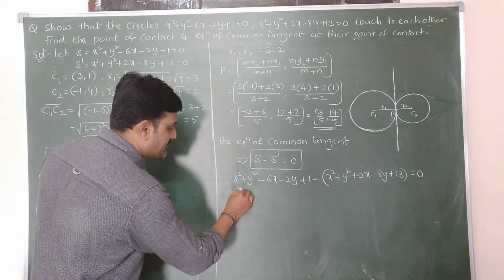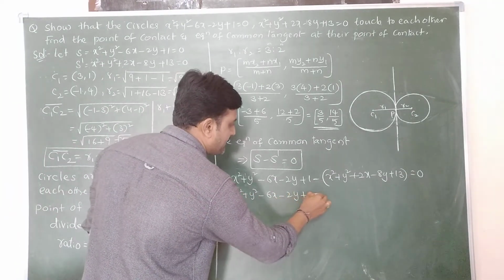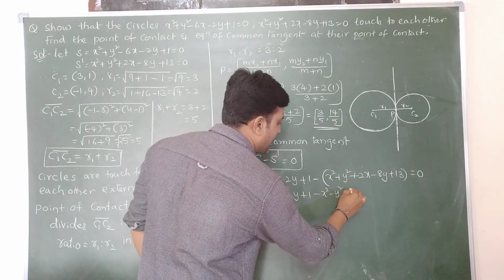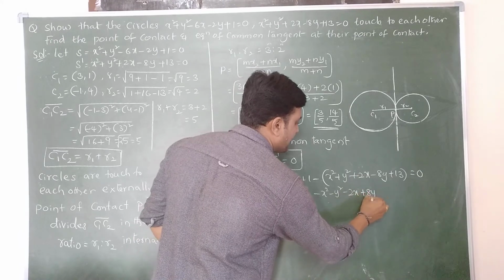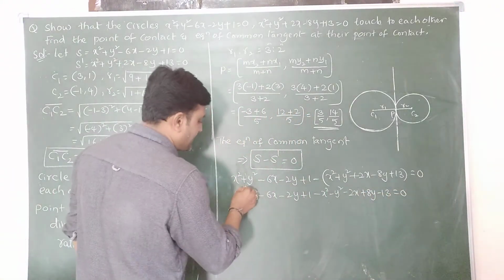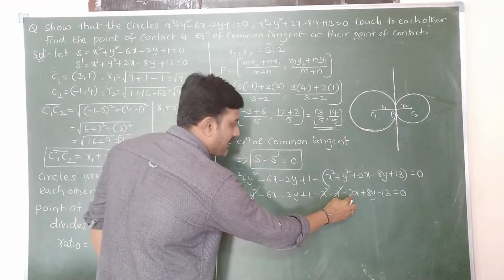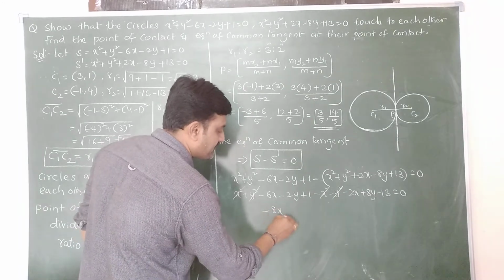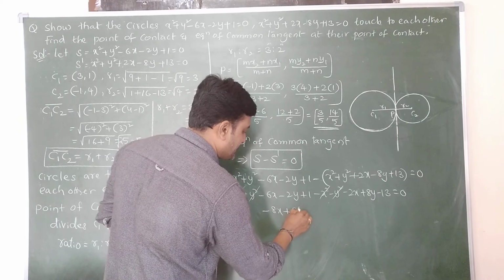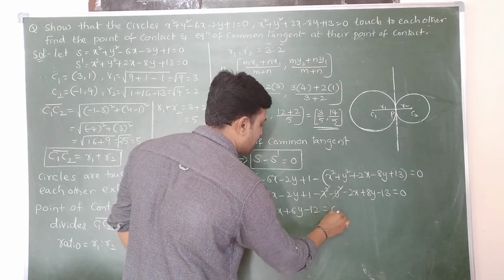Then x square plus y square minus 6x minus 2y plus 1 minus x square minus y square minus 2x plus 8y minus 13 equals 0. The x square and y square cancel, and minus 6x minus 2x is minus 8x, minus 2y plus 8y is plus 6y, 1 minus 13 is minus 12, equals 0.